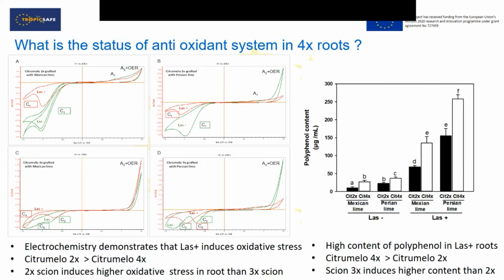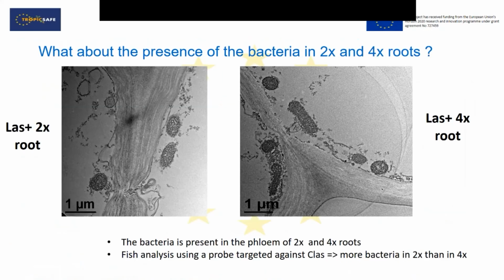On the right, you have the impact of the disease, and you have a huge increase of the content of the polyphenol, but that content is even greater in tetraploid. And when you have an association tetraploid with Persian lime, the content is even greater. And we know that polyphenol are associated to everything related to antioxidant system. So this was also for us a very nice confirmation of the interest of tetraploid rootstock.